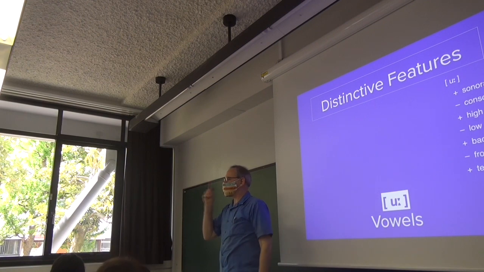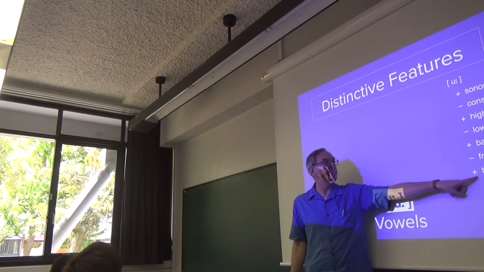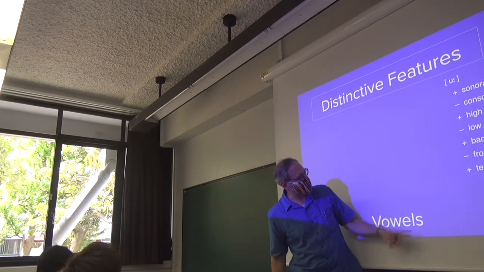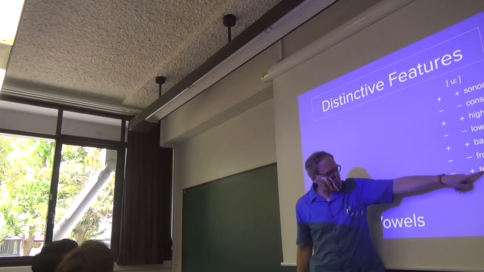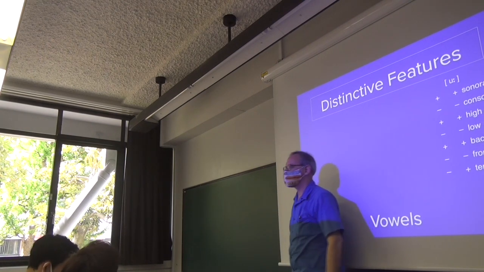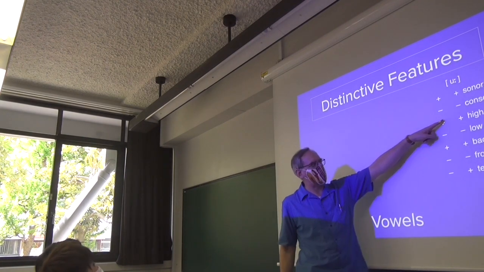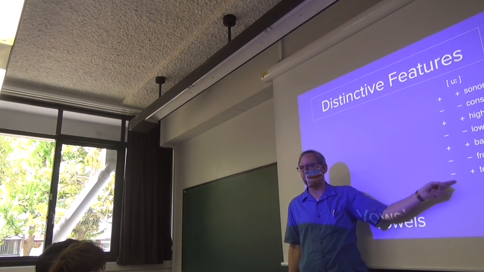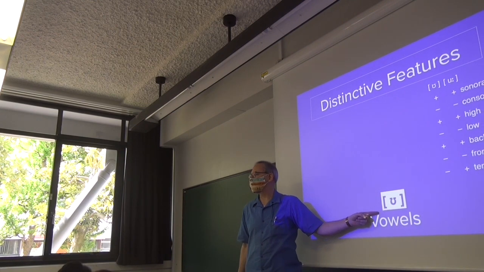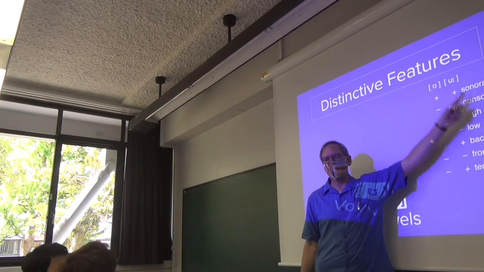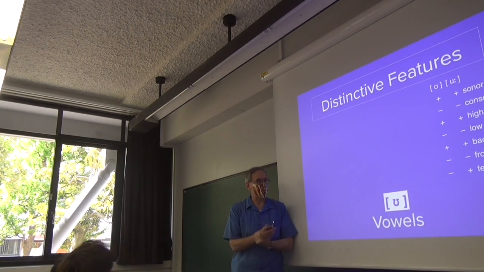Now, if I change just one feature, the feature tense from plus to minus, all the other values remain the same, but it's going to distinguish a new vowel. It will distinguish a high back lax vowel, because it's minus tense. So the difference between oo and the lax vowel is just one feature. One of them is plus tense, one of them is minus tense.